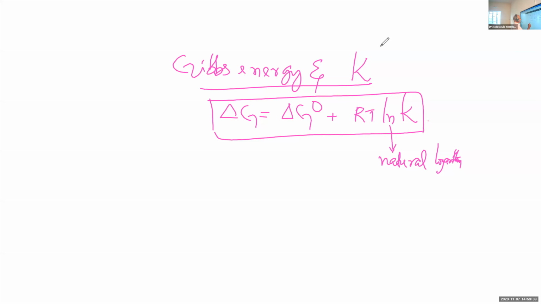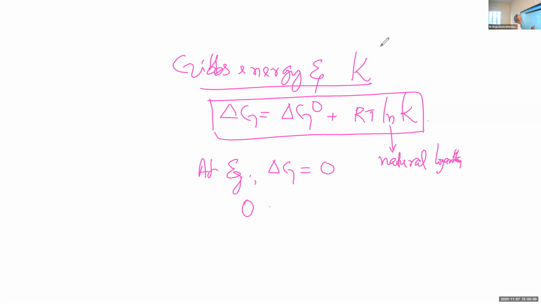But at equilibrium, delta G is equal to 0. The Gibbs energy change is equal to 0 because on both sides the Gibbs energy value will be the same. Therefore, delta G is equal to 0 at equilibrium.